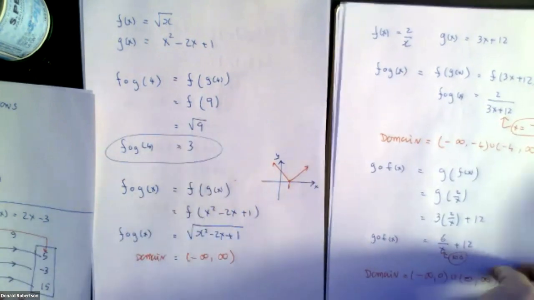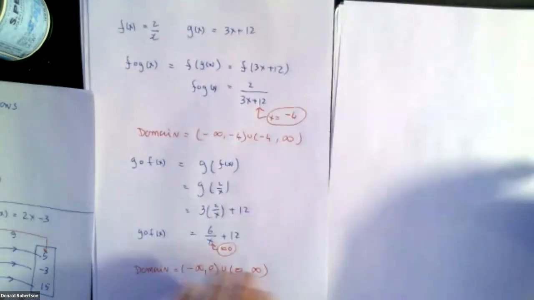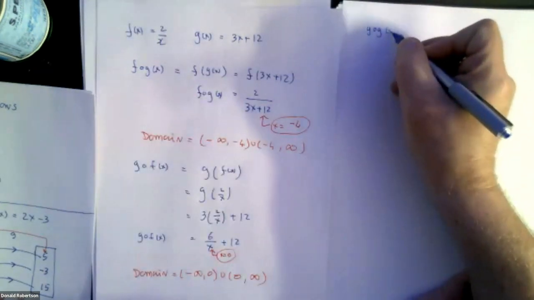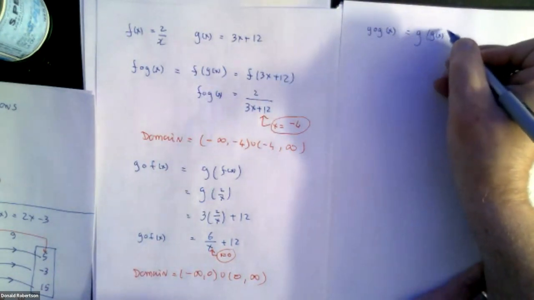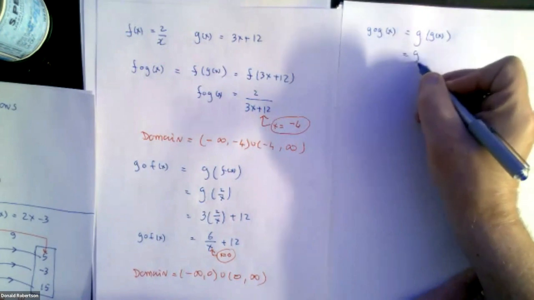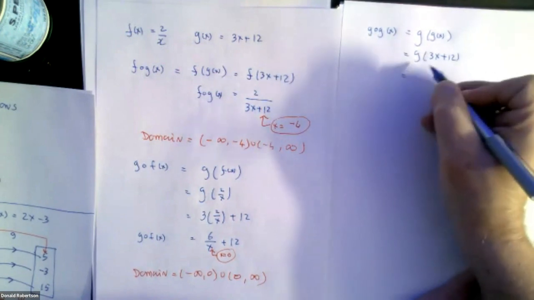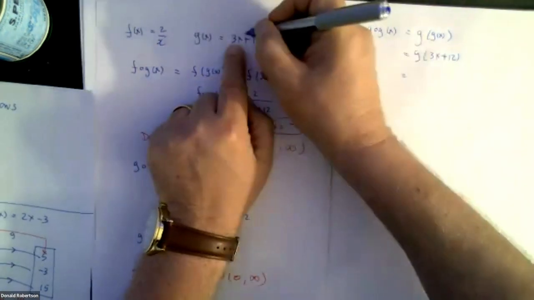Now let's do 2 more. Let's do g of g of x, which is g of g of x. So we're repeating the rule for g. The first time you just do a simple substitution. But the second time, this isn't 3x add 12 anymore.